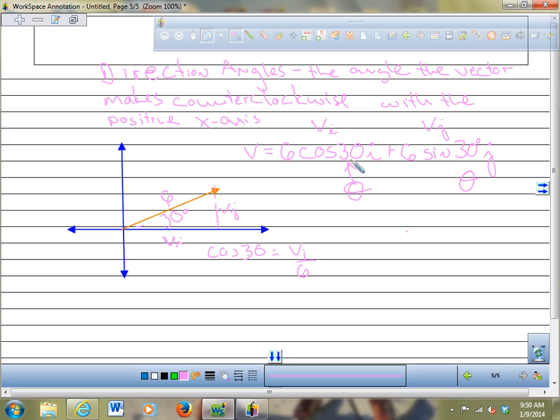If they say change this, which I guess you would call direction angle form, I'm not exactly sure what form they call this, into component form, then you just take the cosine of 30 degrees times 6. Anyone remember what cosine of 30 degrees is? Root of 3 over 2.